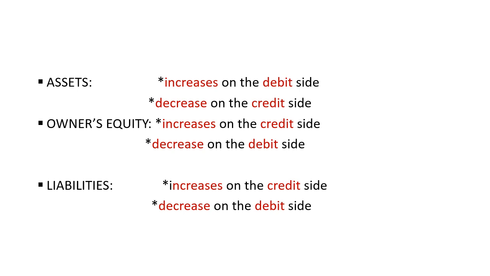Assets increase on the debit side and decrease on the credit side. Owner's equity and liabilities do the same. They both increase on the credit side and decrease on the debit side.